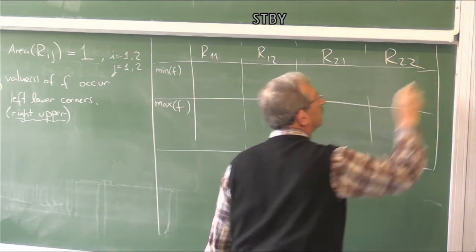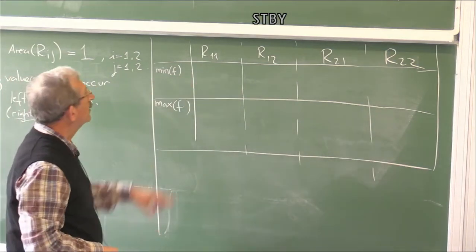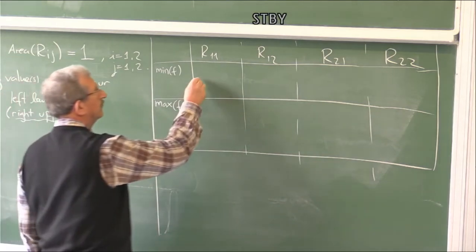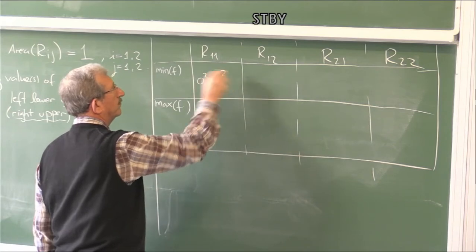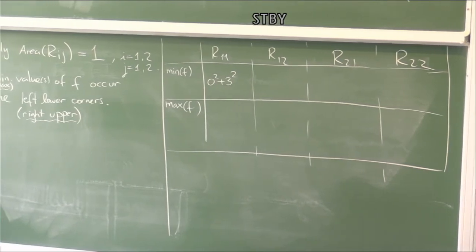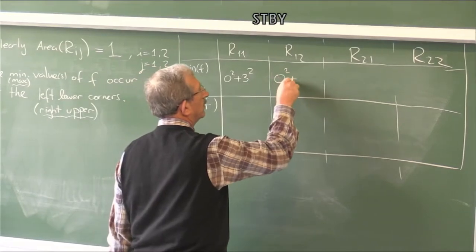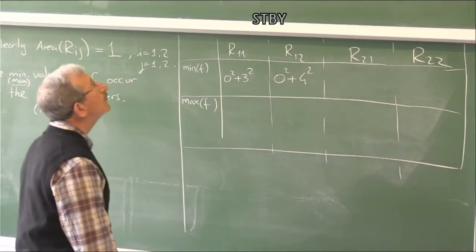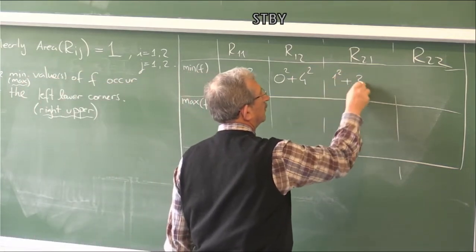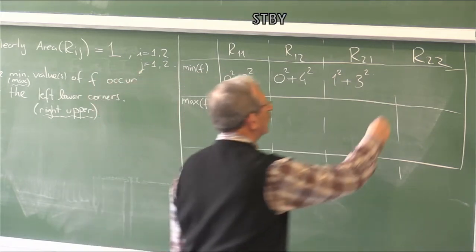For simplicity of calculation, in R11 the minimum value occurs at the point (0, 3), because it's the lower left corner. In R12, it occurs at (0, 4). At R21, it occurs at (1, 3). And at R22, it occurs at (1, 4).